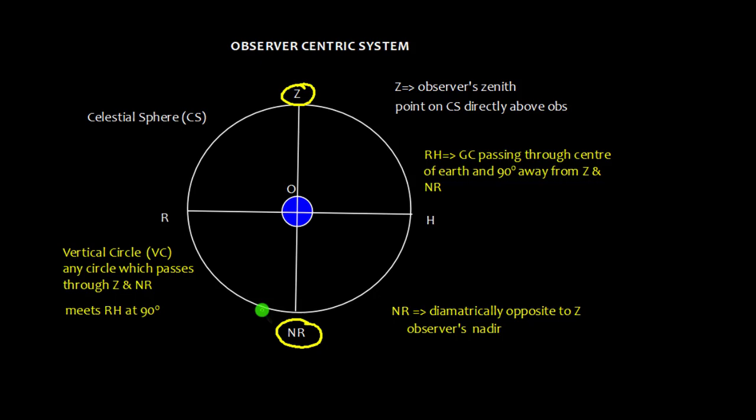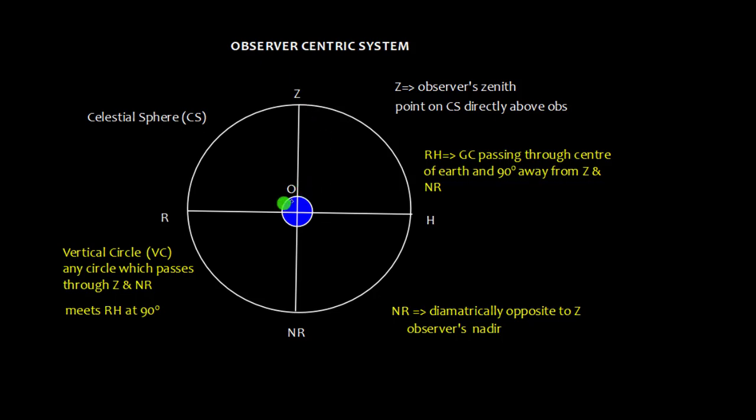Now we are having a great circle which is passing through the center of the sphere, that is rational horizon, and it is 90 degree away from zenith and 90 degree away from nadir. So basically, if you remember that this is your earth, this is your equator, and these are the meridians.